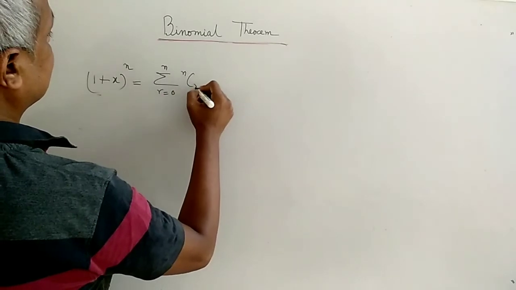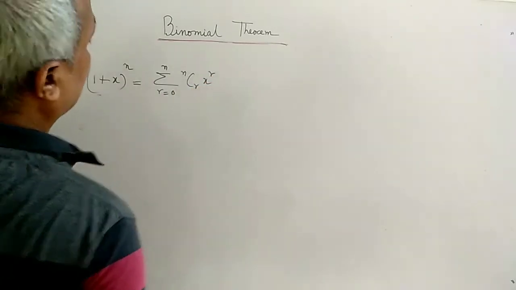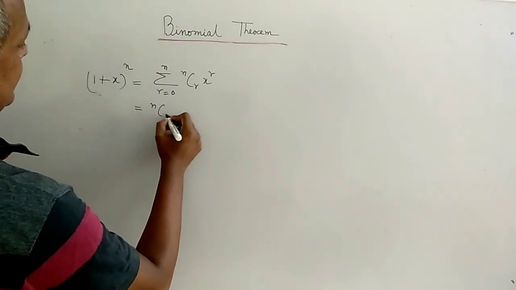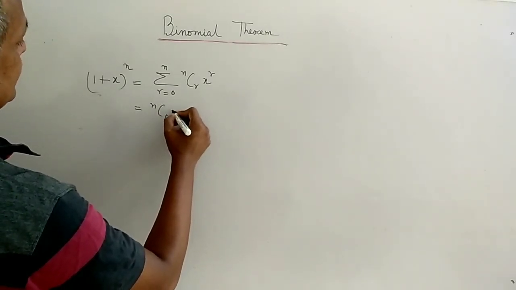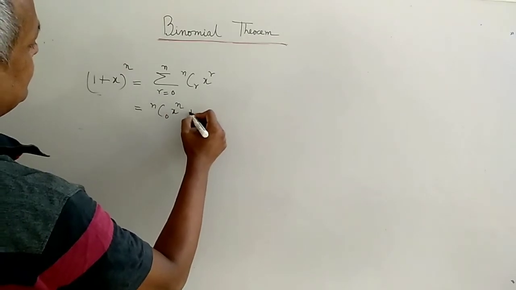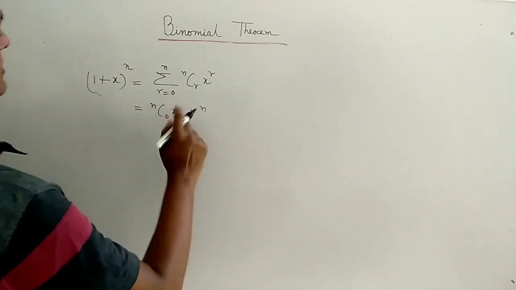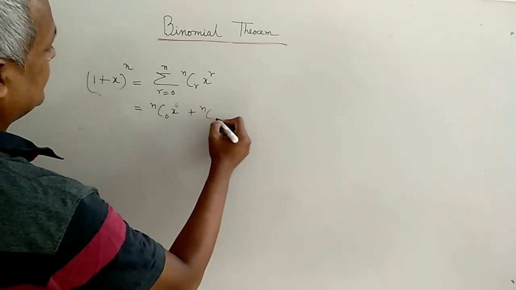So it is nCr x to the power r. So if I expand, then I get nC0, so x to the power 0, no problem.